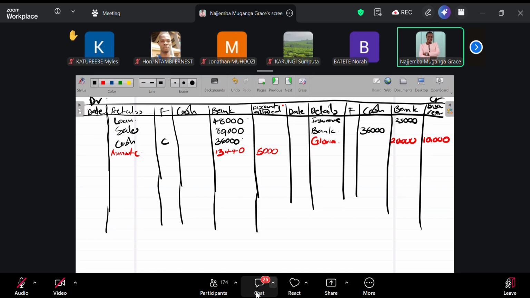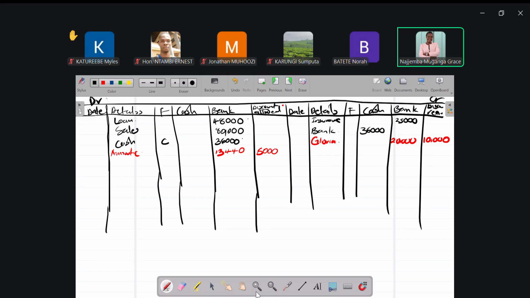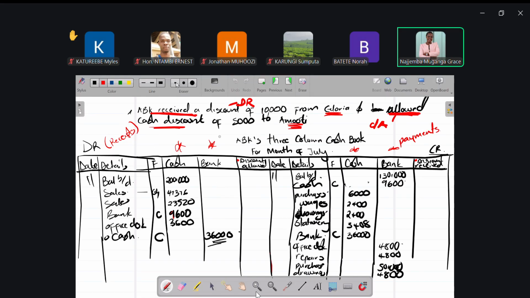So let us balance off this account. When we are balancing off a cash book that has cash and bank, we balance off one column at a go. For instance, we could say, let us balance off the cash columns to determine how much we have running as physical cash.